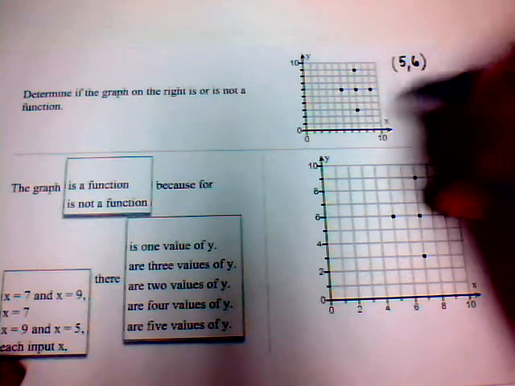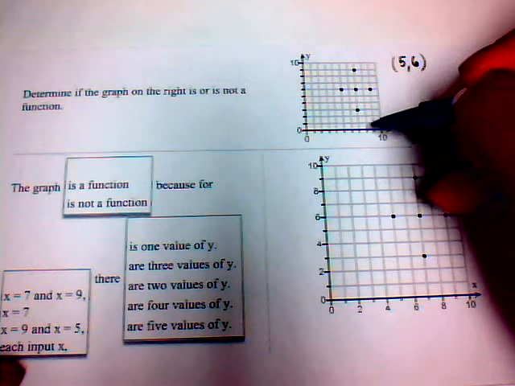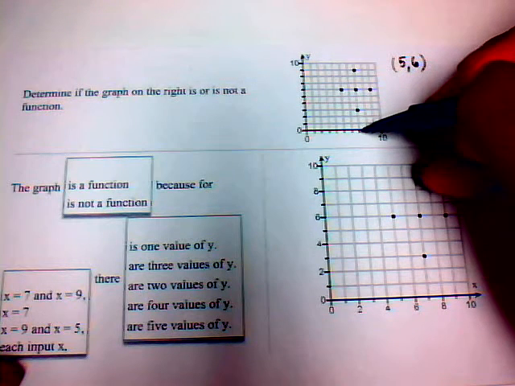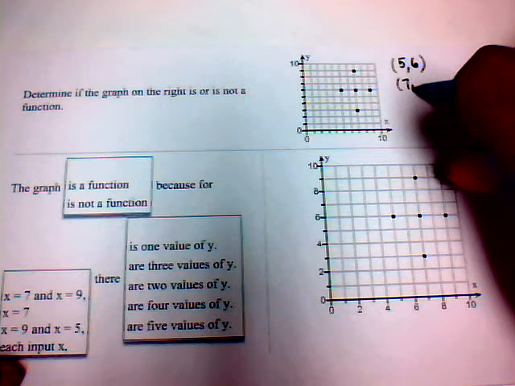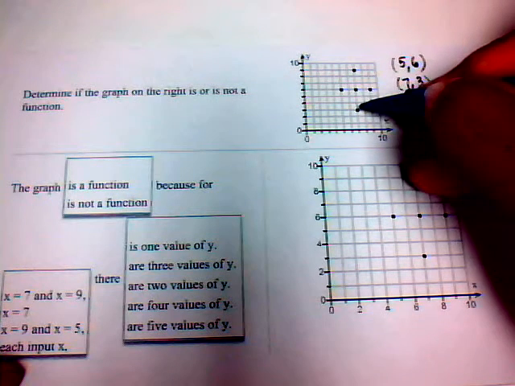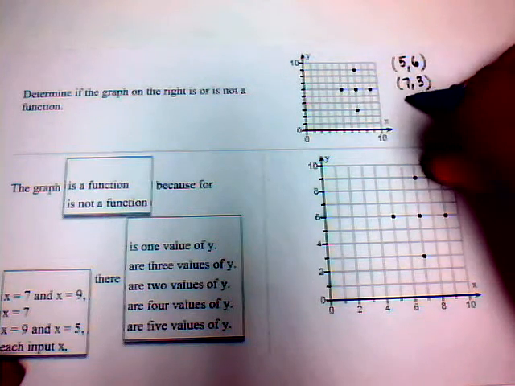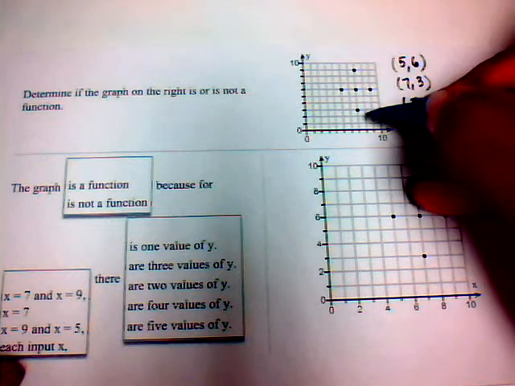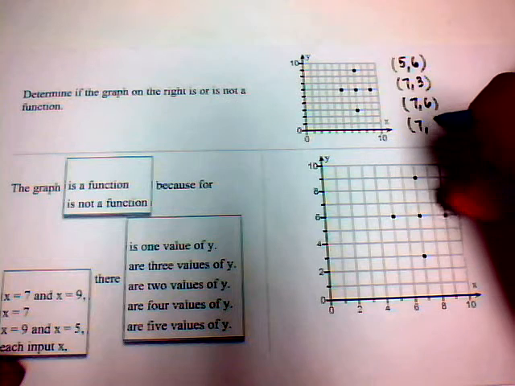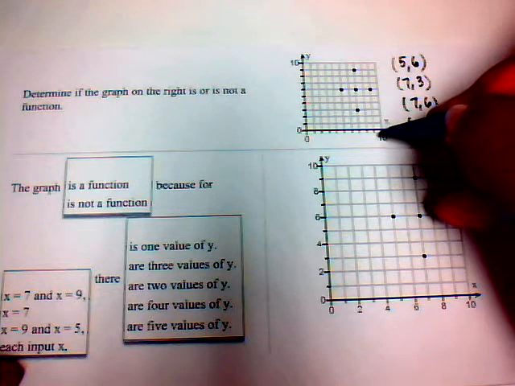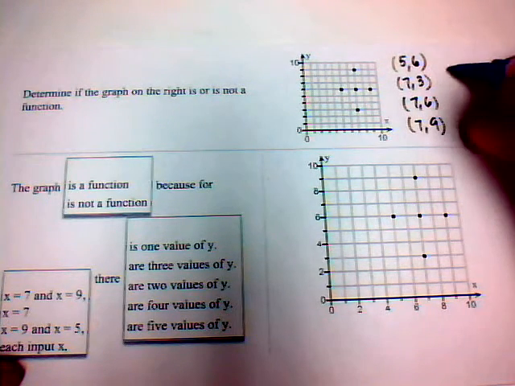That's one ordered pair. Okay, and the other one, this is 7, 1, 2, and 3. And that's 7, 6. And then 7 and up 9. And the last one I think is 9 and 6.